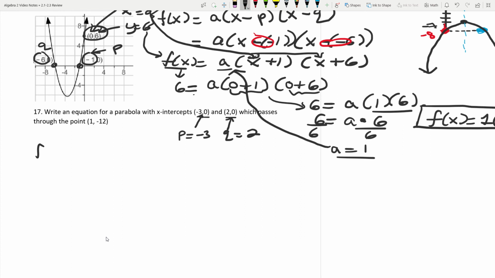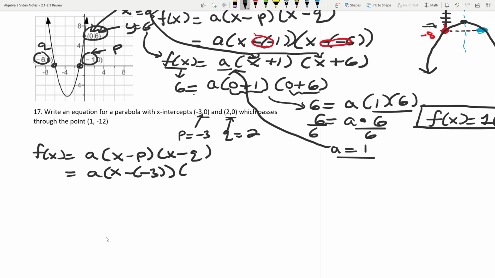So we know we got f of x equals a(x minus p)(x minus q). So we got a, p is -3, so x minus -3, and then q is 2, x minus 2. Two negatives make a positive, so we got a times (x plus 3) times (x minus 2).